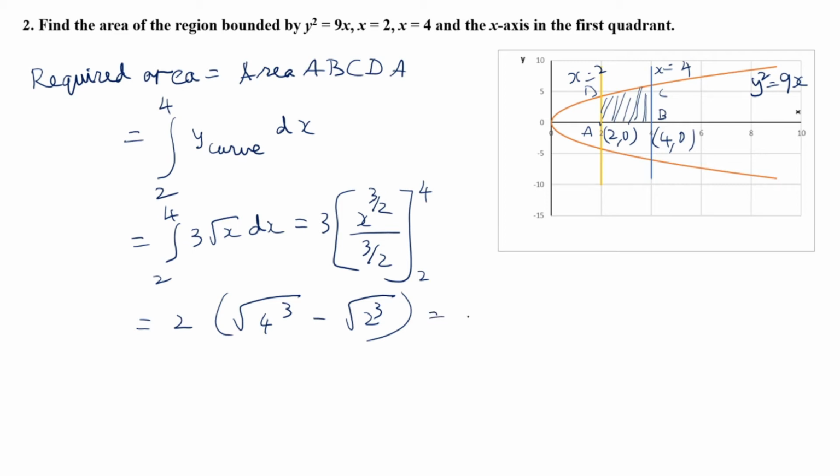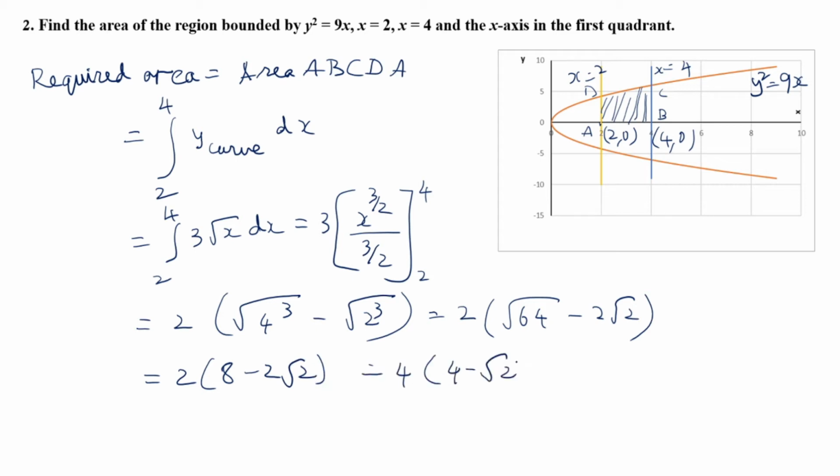So this is nothing but 2 into root 64 minus 2 root 2, or it is equal to 2 into 8 minus 2 root 2, which is nothing but 4 into 4 minus root 2 square units. So this is the required area.